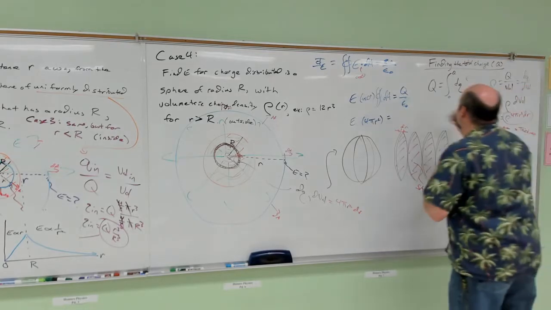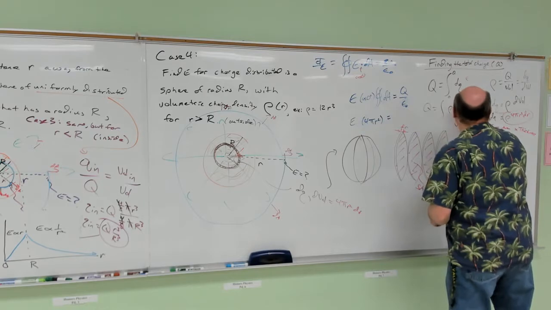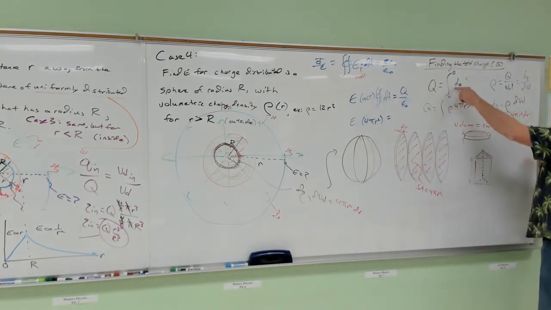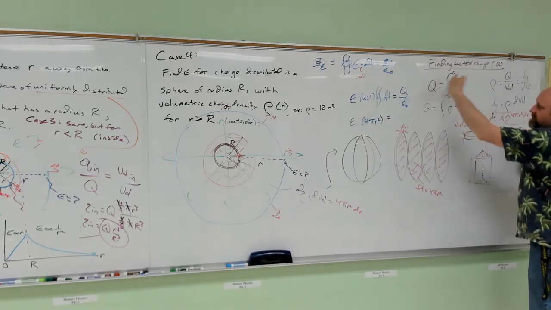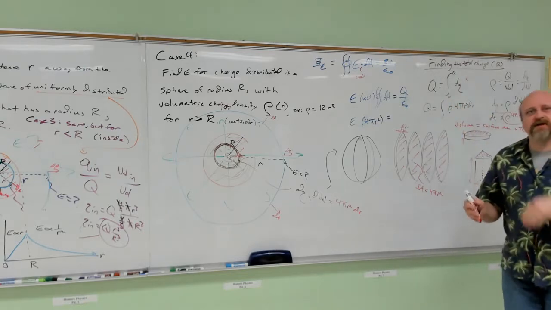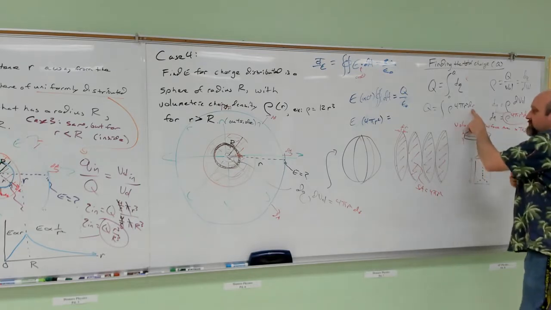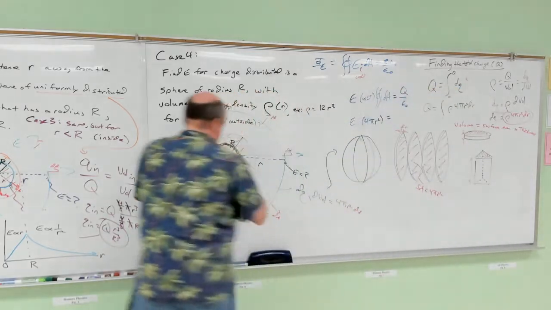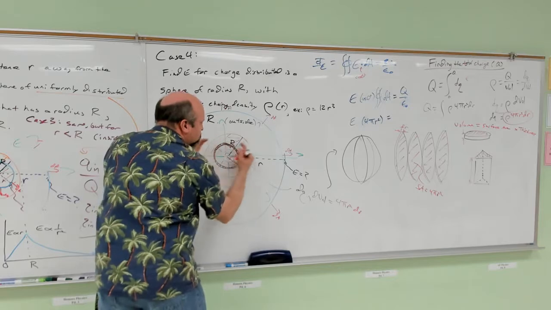So my q is going to be the integral of rho 4 pi r squared dr. Now I've just changed the variable of integration, so I have to change my bounds so they correspond to the old bounds, but in terms of the new variable of integration. So I was going to add up slice after slice, concentric shells, right? Adding up all that charge.